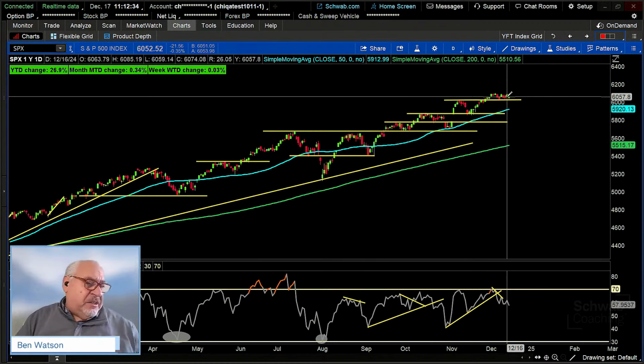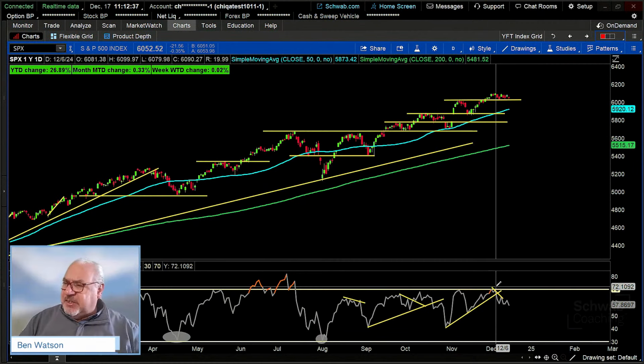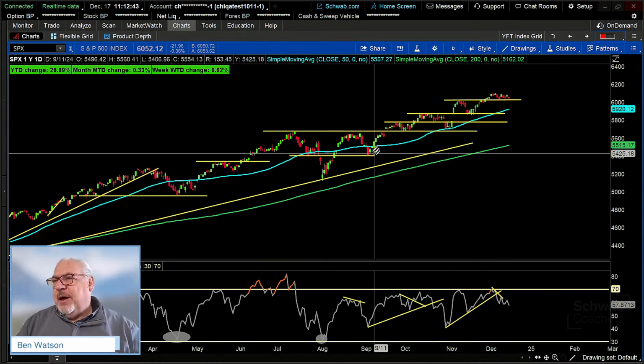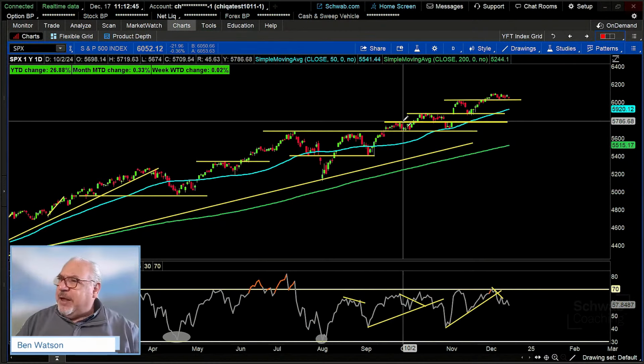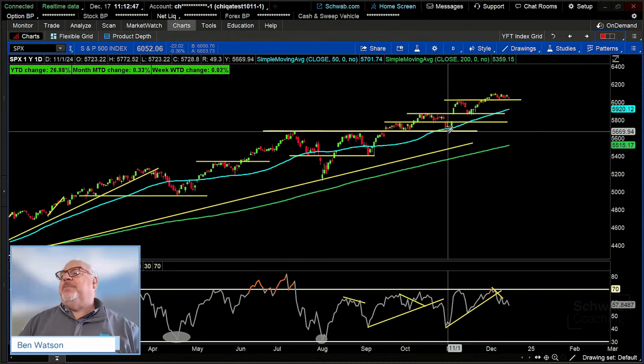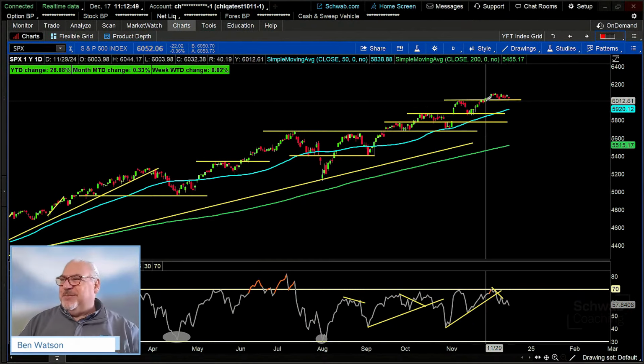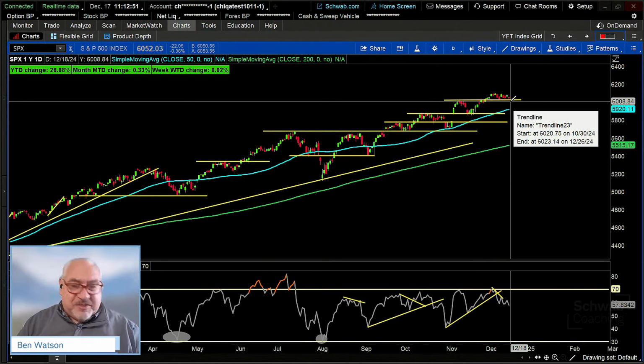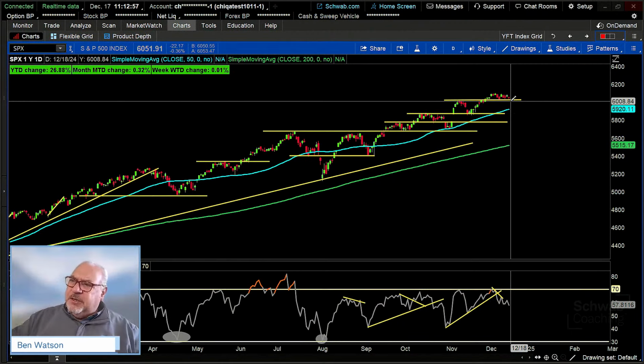It sets us up for the idea of bull flags, right? Because we might see momentum wane a little bit and then pick back up. And that's what we've been seeing, right? Rally up, momentum pull back, rally up, momentum pull back, rally up, momentum pull back. Same thing, more of the same. And each one of these has been a little bit different, but it's had the same net result, right? We've pulled back a little bit and moved higher.